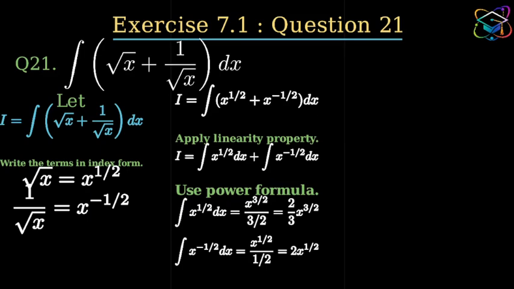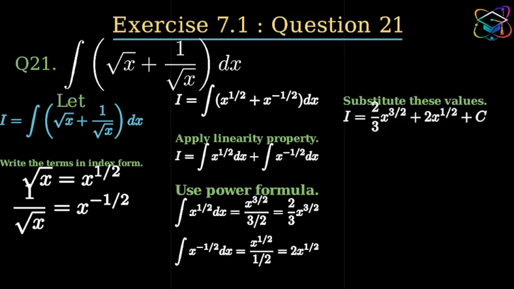By substituting these values, we can write I is equal to 2 by 3 x raised to 3 by 2 plus 2x raised to half. And there is a constant because this is an indefinite integral, so there is always a constant written over here.